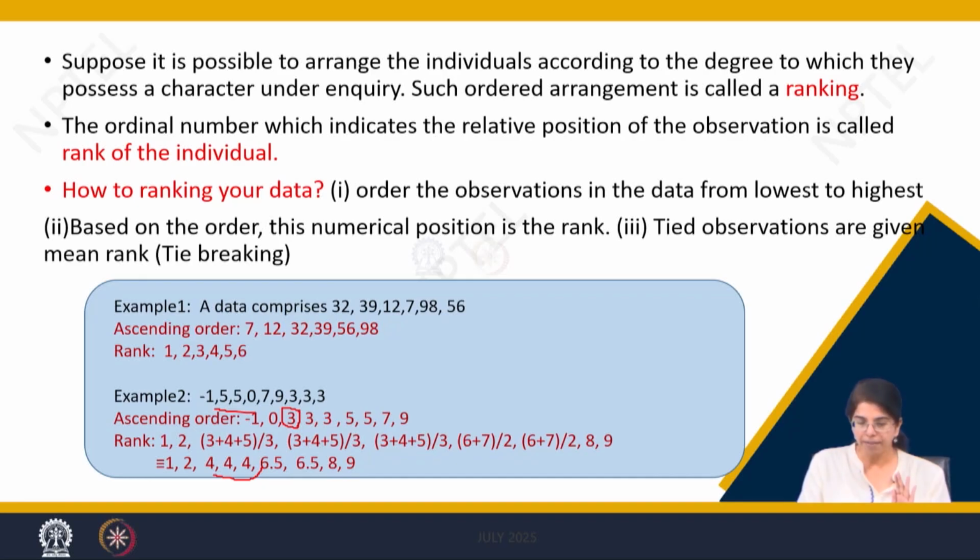For the 5s the counting starts again, at 6 and 7. For the 2 cases, 6 plus 7 divided by 2 is 6.5 and 6.5. For the 7, the rank will be 8, because we count right after the 5s, and after 8 comes 9. Clear? This process is called the tie breaking process.